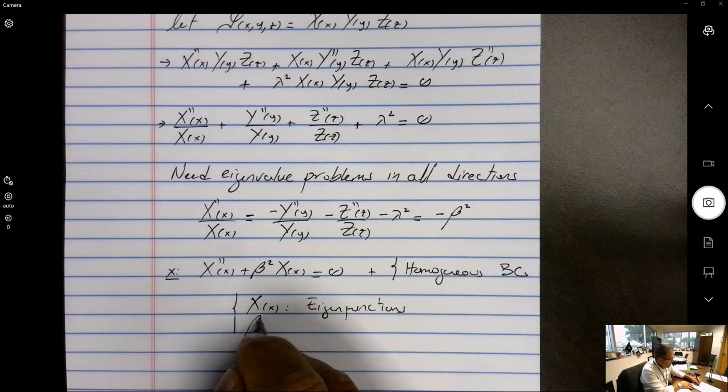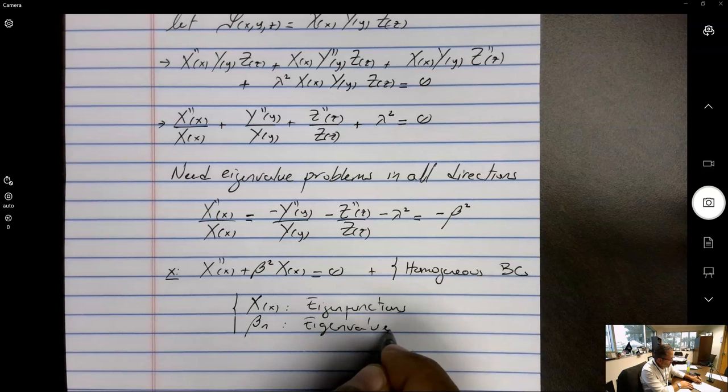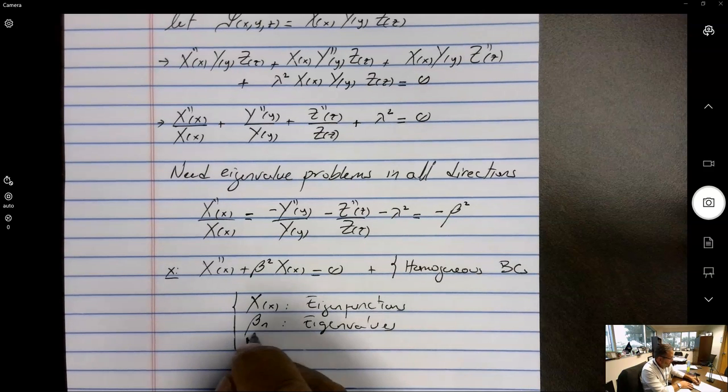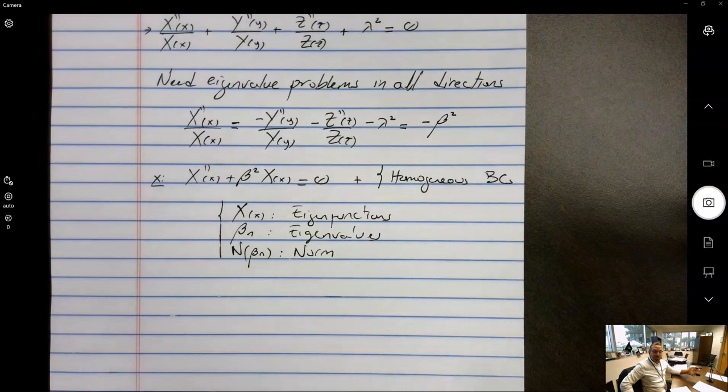We'll have some beta n eigenvalues. And we have some norm. Okay, so that problem is solved.